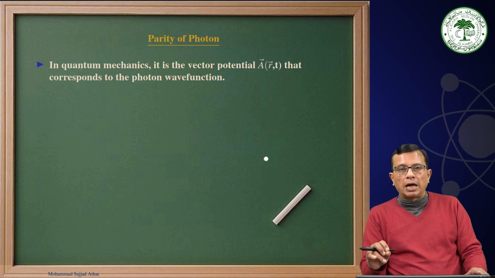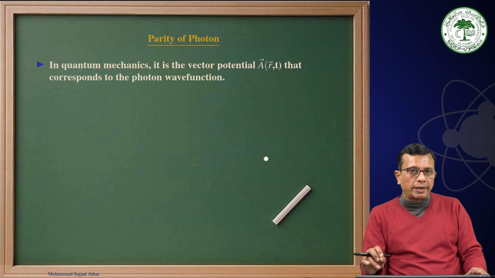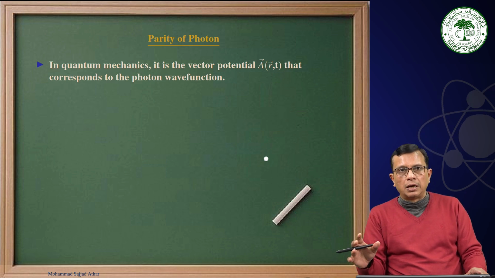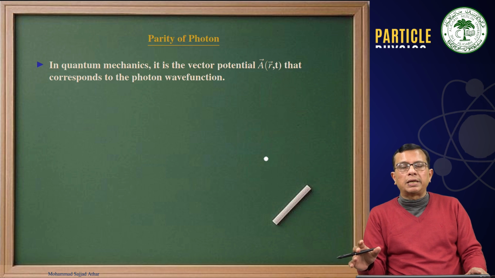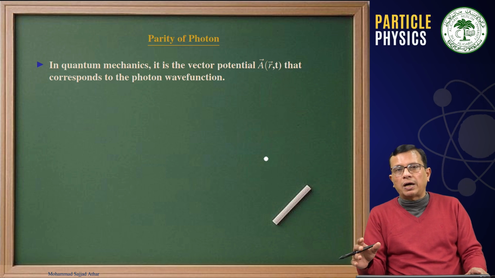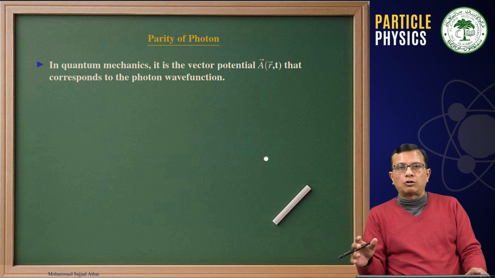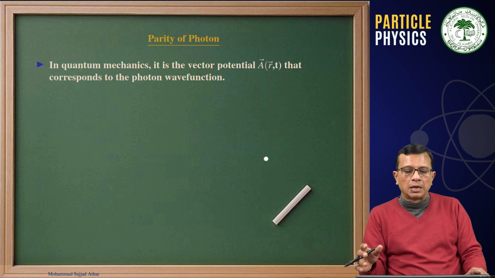Now, using this concept that the vector potential changes sign under parity operation, we can determine the parity of the photon. The examples we are taking are really important in understanding the properties of particles, and they are often asked in different competitive examinations.